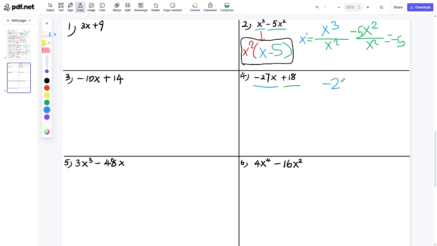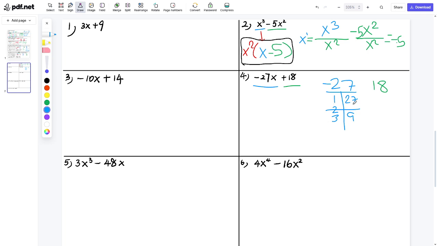Let's go through the factors of negative 27 and positive 18. For 27, we have 1 and 27. 2 doesn't work. 3 times 9. I don't think 4, 5, 6, 7, or 8 work.